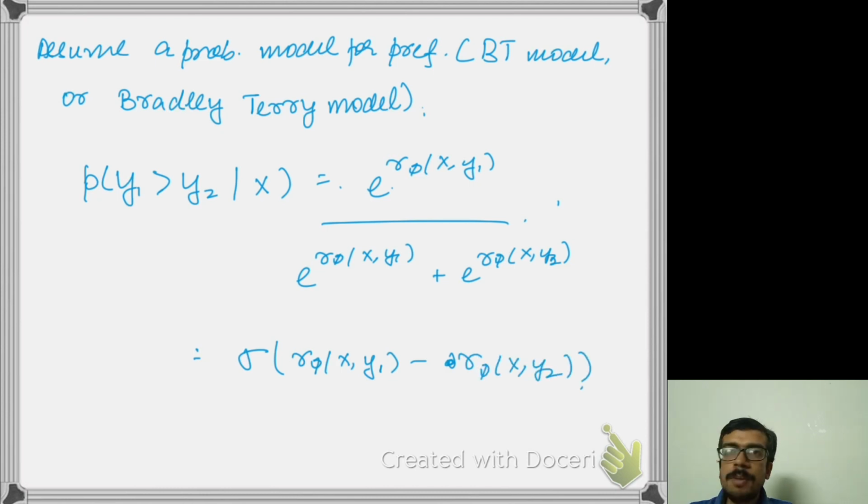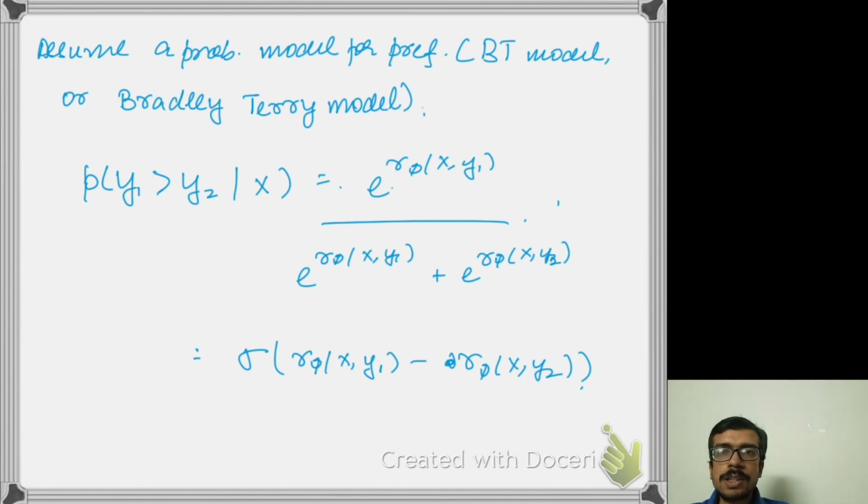How do you show that? Well, you divide both numerator and denominator by exponential of r phi x y1 and you will get 1 over 1 plus exponential of minus of r phi x y1 minus r phi x y2, which is just sigmoid of r phi x y1 minus r phi x y2. Right?